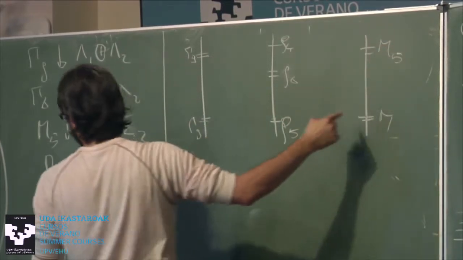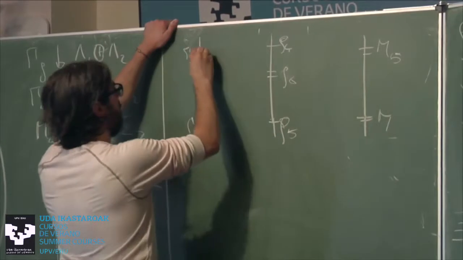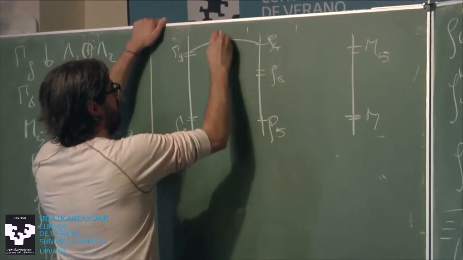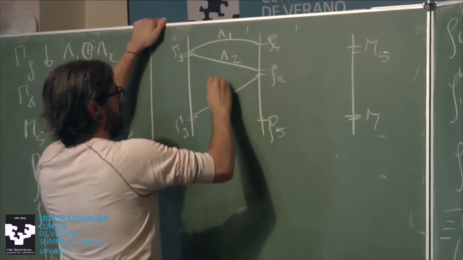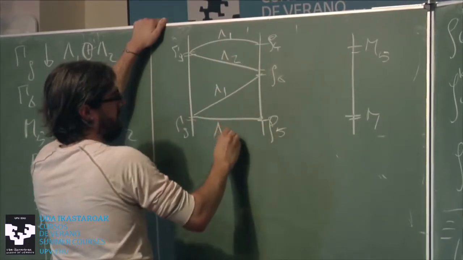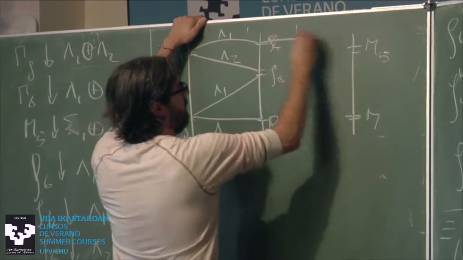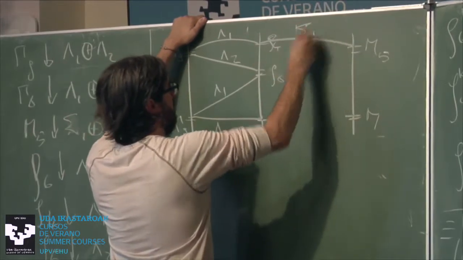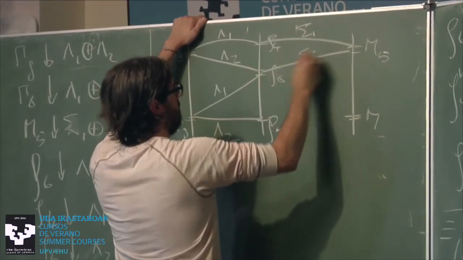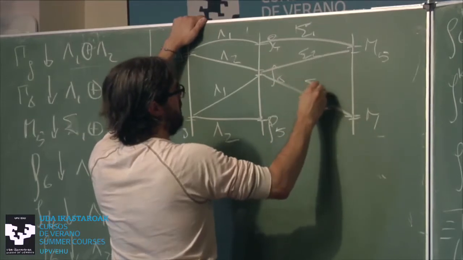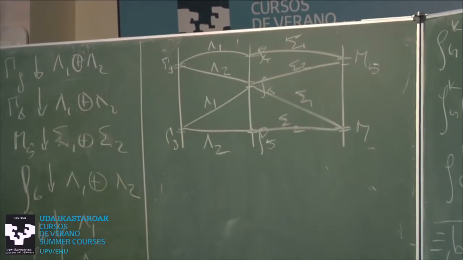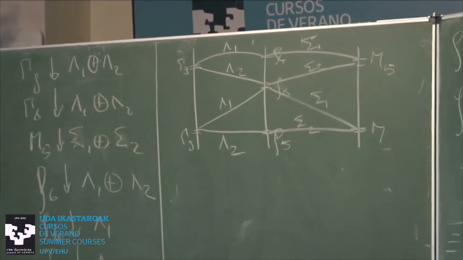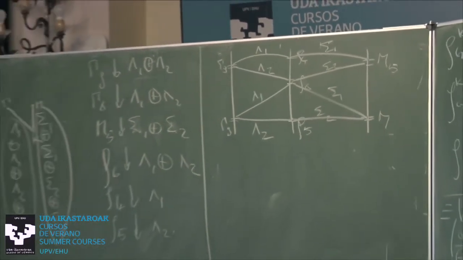This two-dimensionality is also because of time reversal here. Lambda 1, lambda 2, lambda 1, lambda 2, sigma 1, sigma 2, sigma 1, sigma 2. That's compatible.